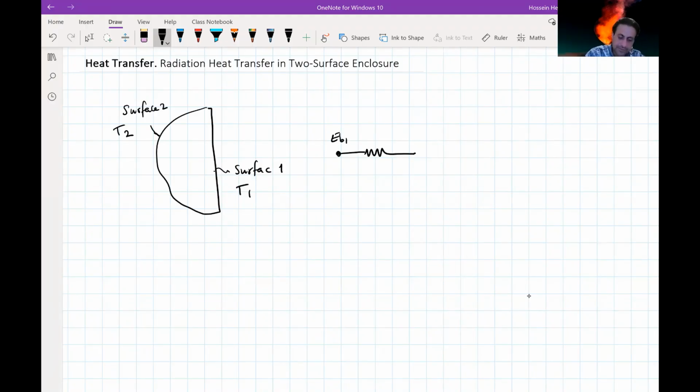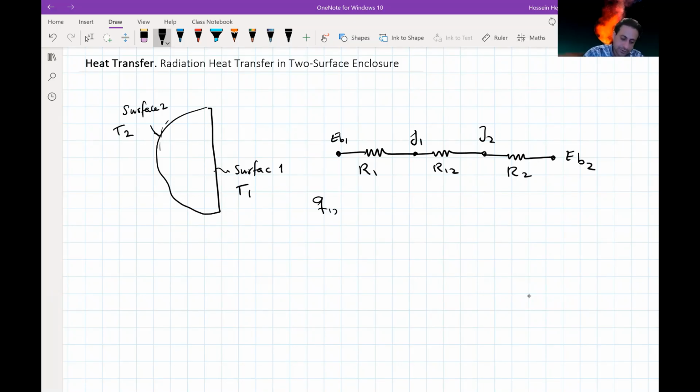we have the surface resistance, R1, then we reach the point J1, then we have a space resistance, R12, here point J2, and then again we have the surface resistance because of surface 2, which is R2, and then we have EB2.